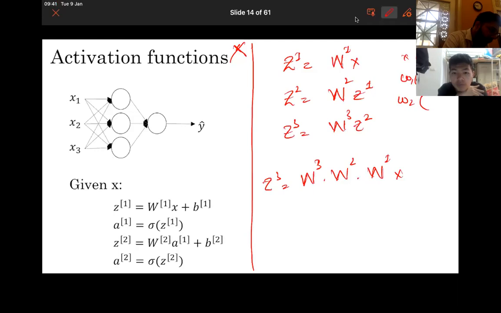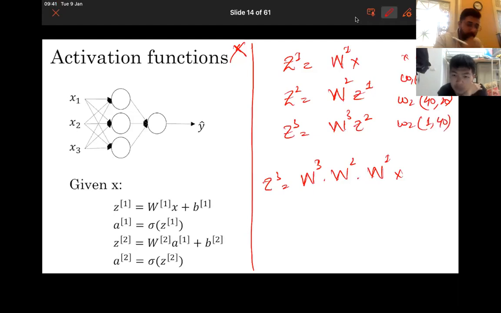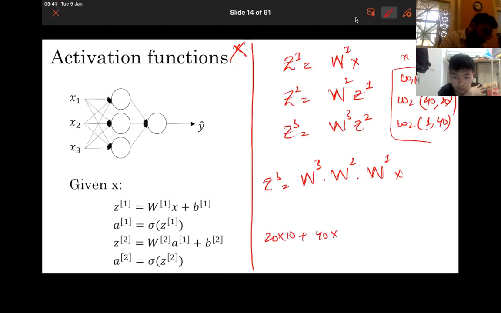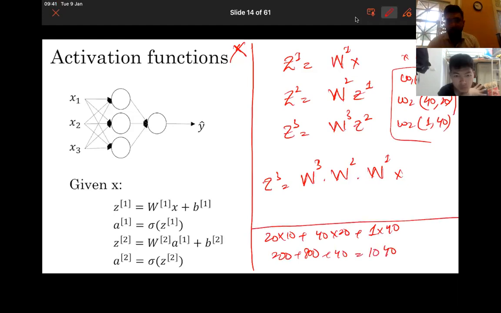W2 is 40 times 20, and W3 is 1 times 40. So what are the total unknowns in my network? The total unknowns is 20 times 10 plus 40 times 20 plus 1 times 40. This would be 200 plus 800 plus 40, so 1040. I have 1040 unknowns in my network, the weights that I'm trying to learn. It's a good, sizable number.